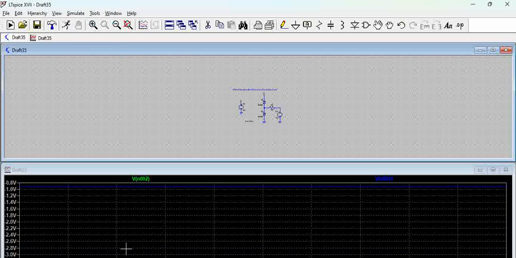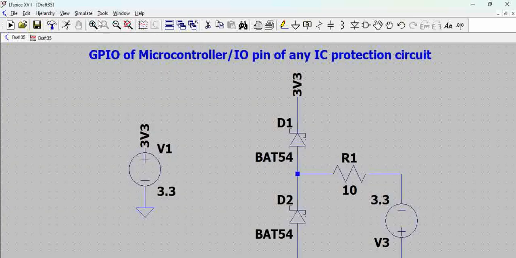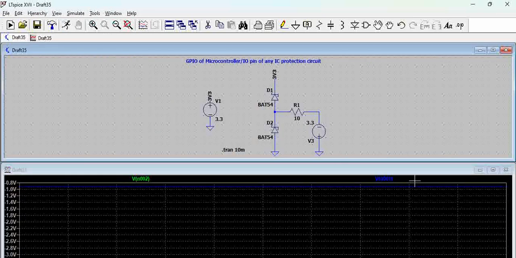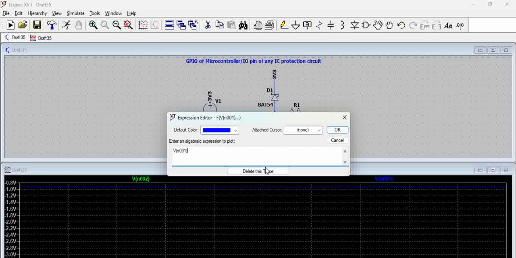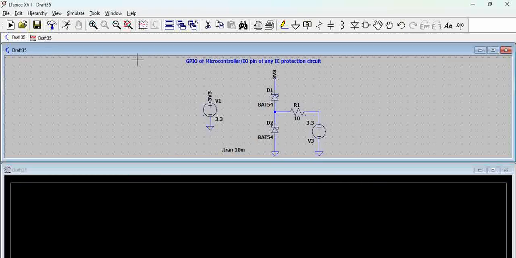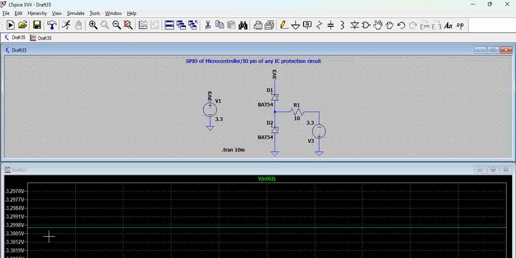So in this case you can see that, just for convenience, let's zoom this, let us run this so that you don't get confused. Now when you probe here, you see that you have minus 3.3.